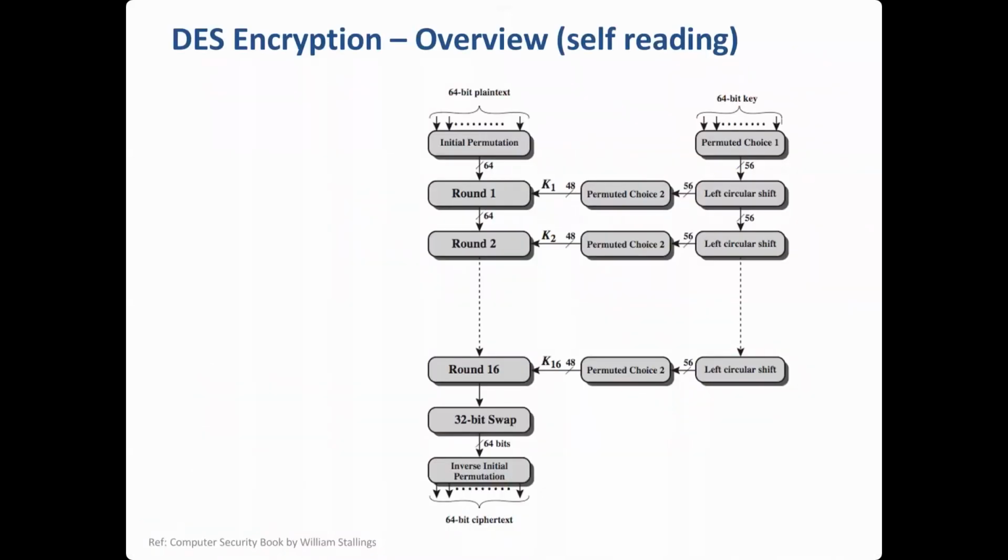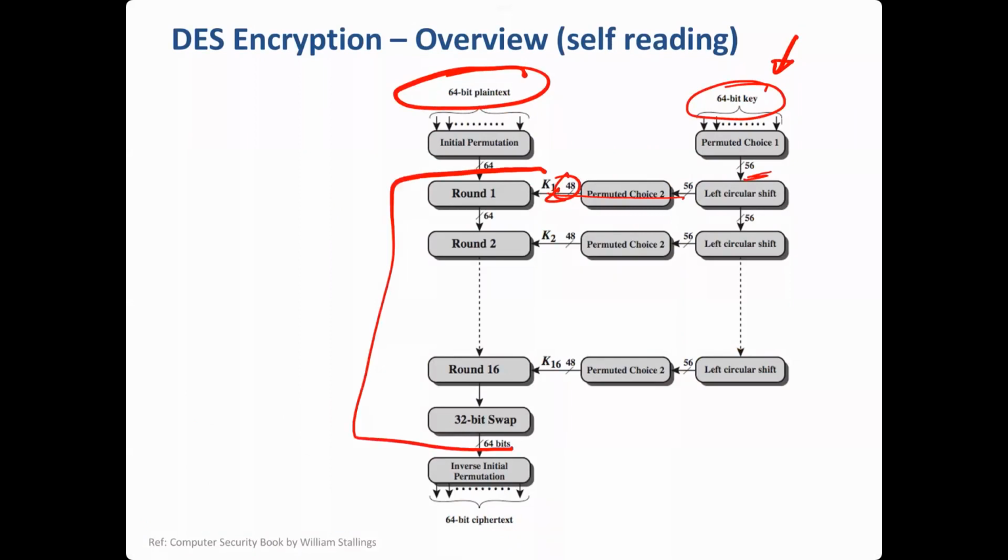The same thing is depicted here: the 64-bit plain text and the 64-bit key. The algorithm takes the 64-bit key, generates a 58-bit key from it, and from that we create a sub key of 48 bits. These are round 1 up to round 16, and then we have the last permutation function and get the output.